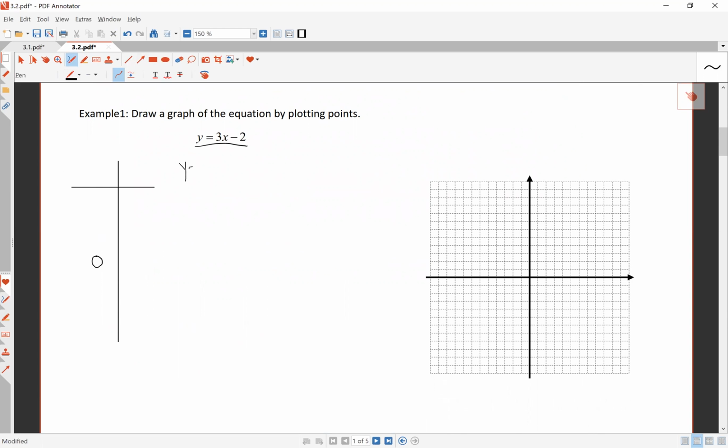Since y is equal to 3 times x minus 2, if x is equal to 0, then y is equal to 3 times 0, which is 0, minus 2, or negative 2. So we get the point (0, -2). So we go to the point where x equals 0 and y equals negative 2.